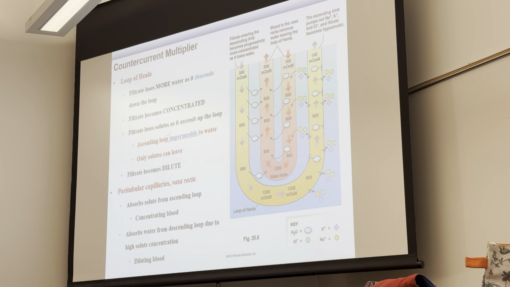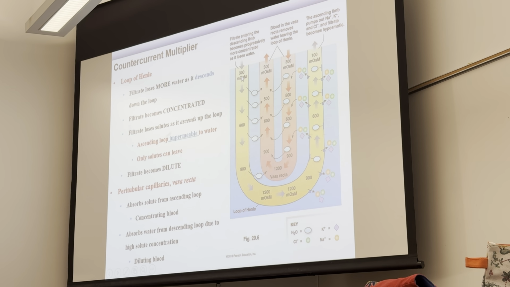Look at this: 1200, 900, 600, 500. So 300, 600, 900. There's always going to be an opportunity to enter a higher osmolarity area. And since there is no anatomical reason not to enter, that's what the water is going to do.